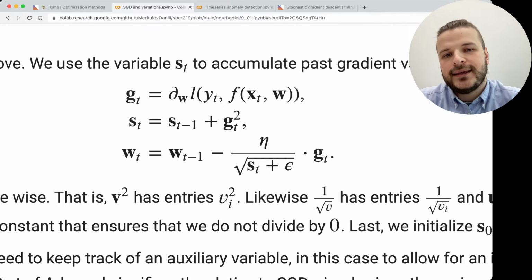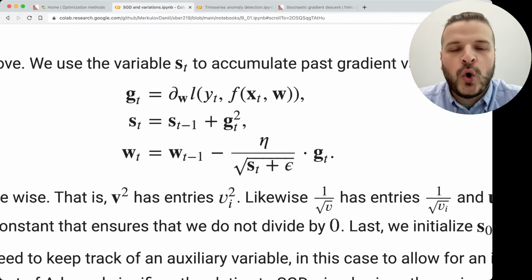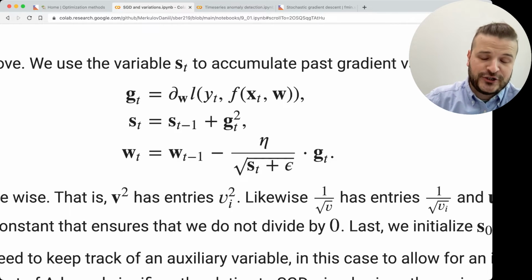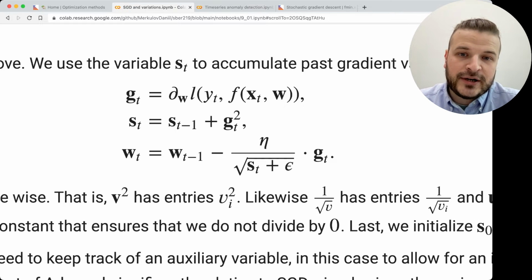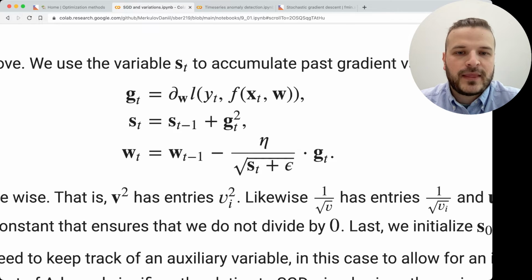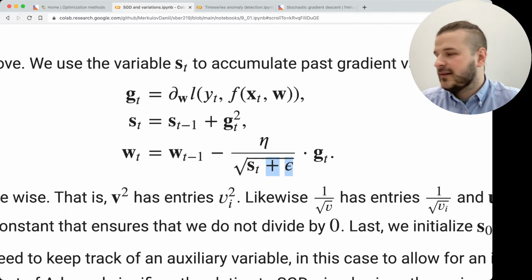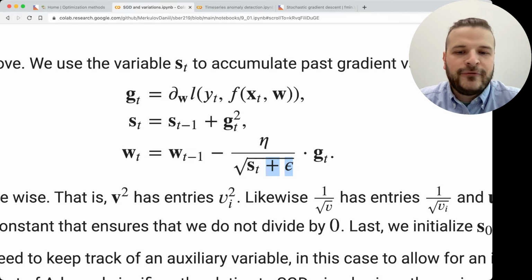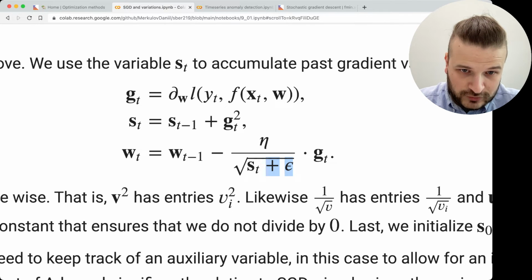It means that each coordinate has its own learning rate because all operations here are element-wise. That's the element-wise squaring operation, that's element-wise summation, and that's element-wise division and taking the square root. And you can just forget about this plus epsilon because it's present only to avoid division by 0.